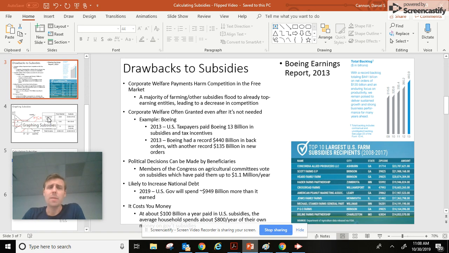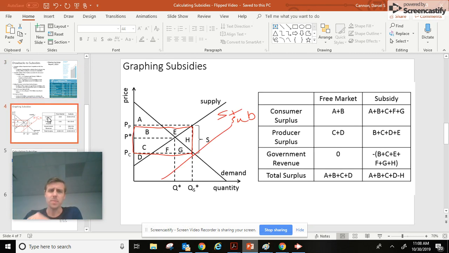So obviously, there might be some farmers that might need those kinds of subsidies, but most of the subsidies go to the top 18 or so producers of agriculture, and it really actually hurts the free market because what you wind up seeing is most of the money goes to these relatively few farmers, and then it tilts away from an actual competition-heavy market, and so that leads to some of the deadweight loss and inefficiency that we see.